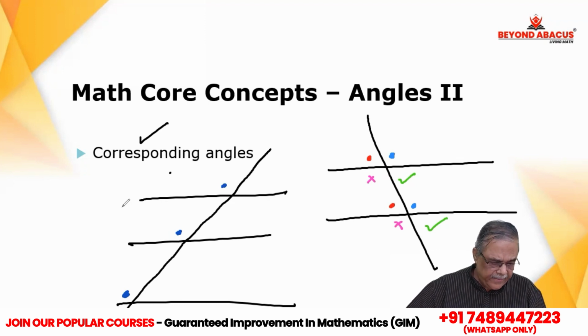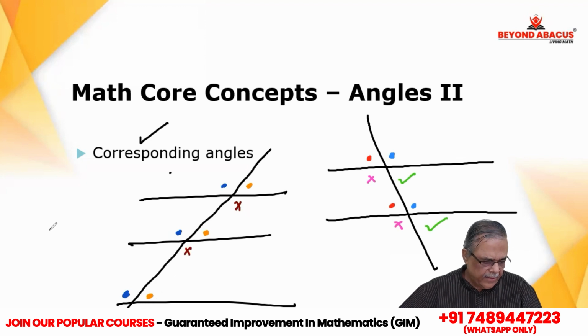If I make, say, let me take this angle, this. Suppose I make this, then, and likewise, and finally let us take which is missing, red.